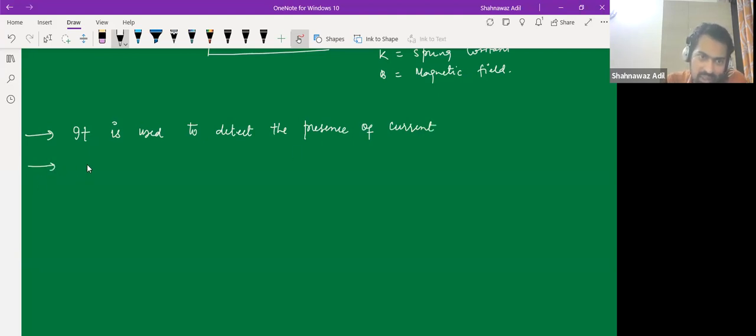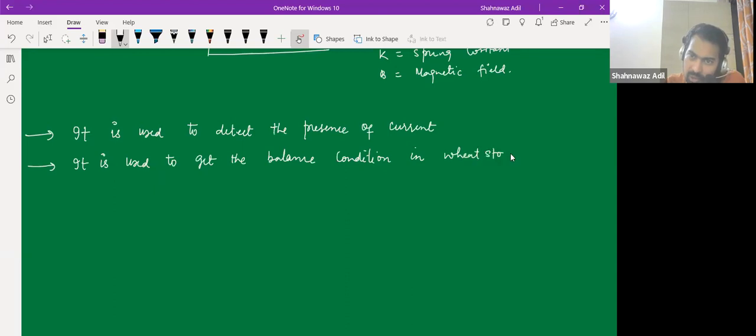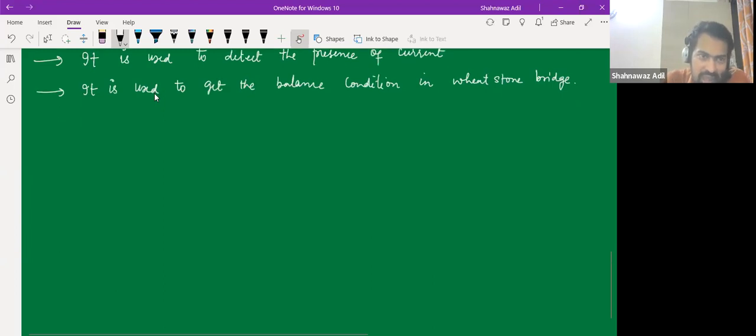And the second thing is that it is used to get the balance condition in Wheatstone bridge, right?